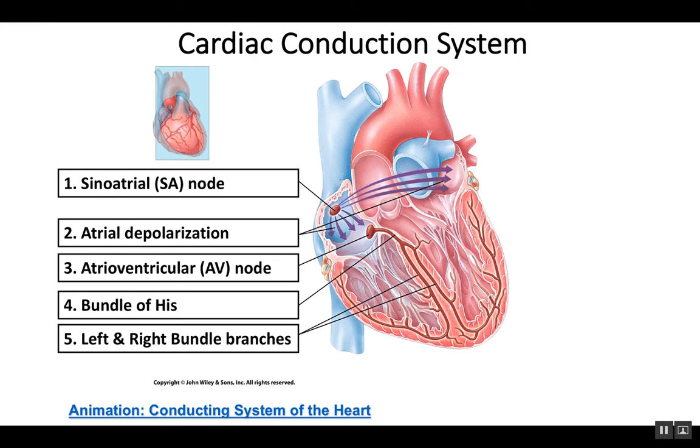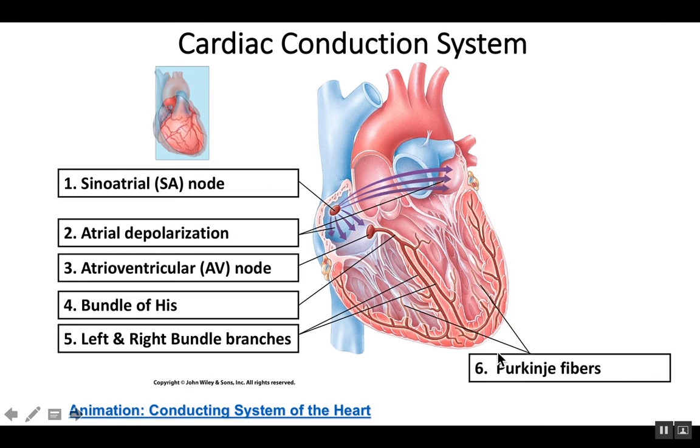These action potentials, these waves of depolarization are going to travel towards the apex, which is the point of the heart, and then spread throughout the ventricles in what's called the Purkinje fibers. So Purkinje fibers are specific paths within the ventricles for this electrical current to travel.